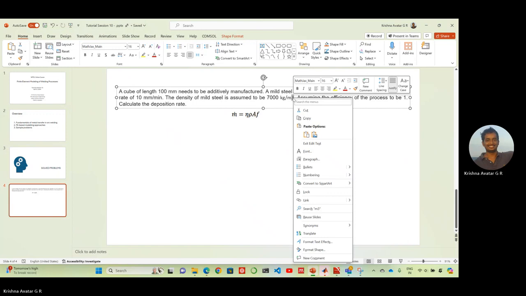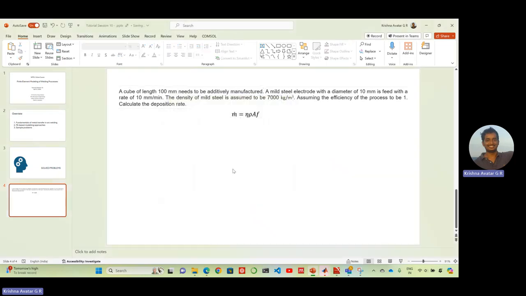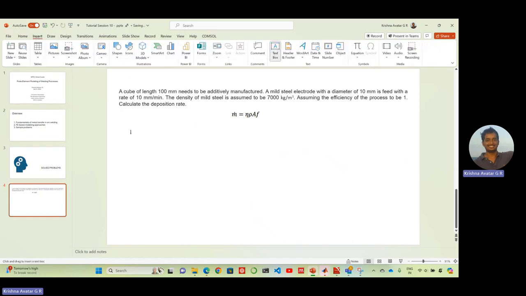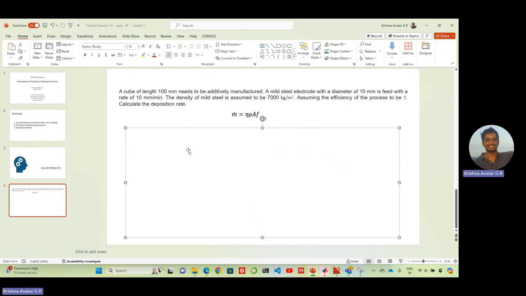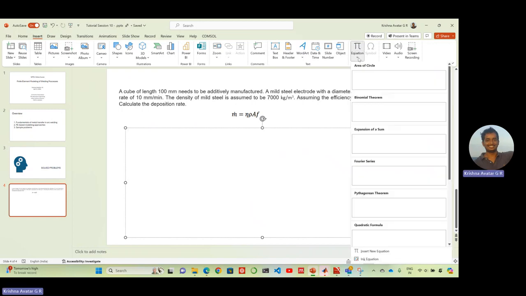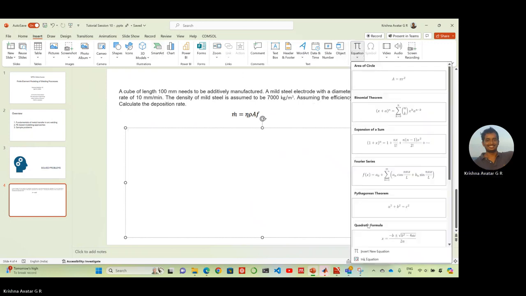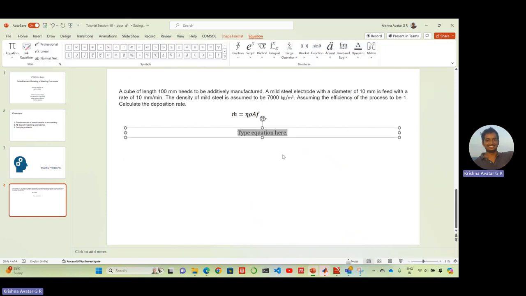Now let me insert a text box. So rho, and I'll insert a symbol.